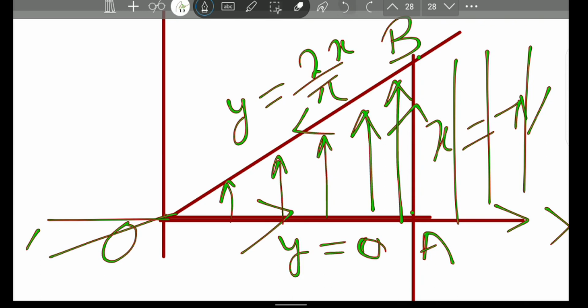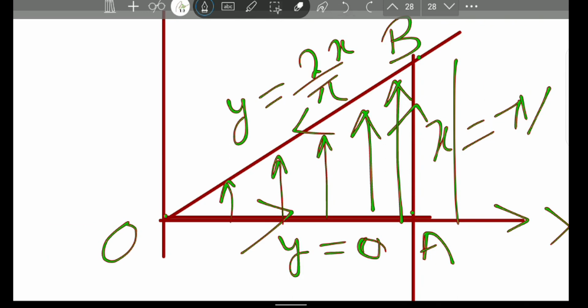Simple. You change x from x equal to 0 to x equal to pi by 2. That's also given to you. The equation of line AB is x equal to pi by 2.